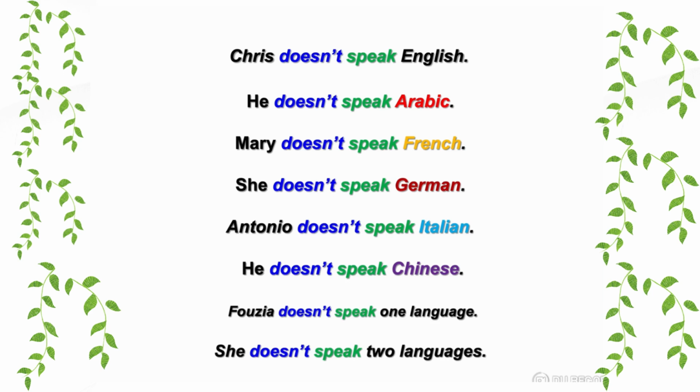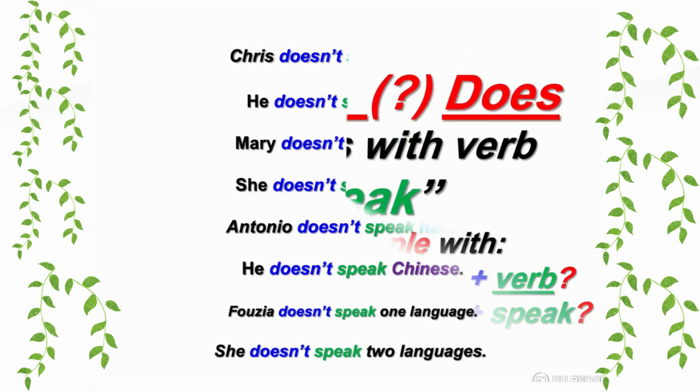Antonio doesn't speak Italian. He doesn't speak Chinese. Fuzia doesn't speak one language. She speaks two languages. She speaks three languages. So you see, doesn't speak: we don't have s with the verb when we have the word doesn't. Let's practice them. Let's go to the question form.